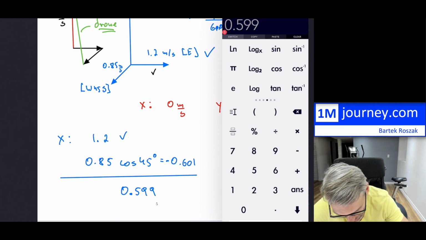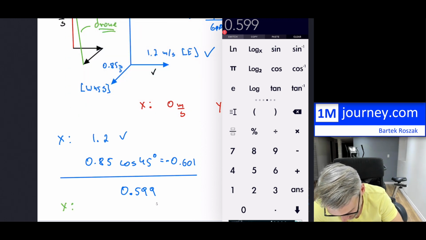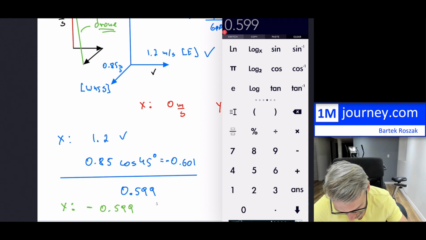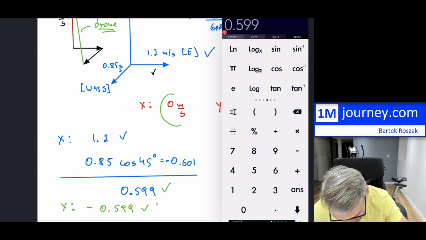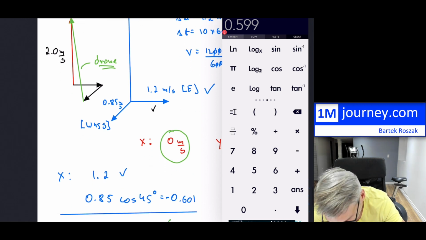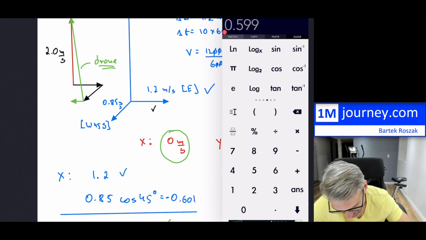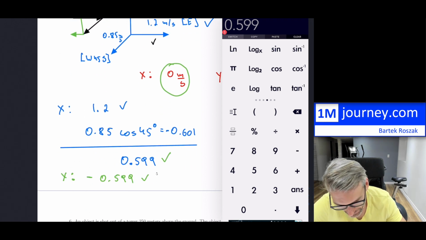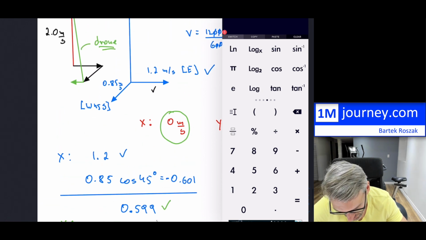So in order to have 0, our drone has to be negative 0.599, because then it would cancel this off, and when you add these two together, it's going to get you back to 0. So that's that direction. This piece right here, your x piece, is the 0.599, and really it is west, pushing you away.